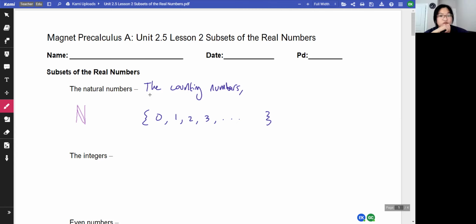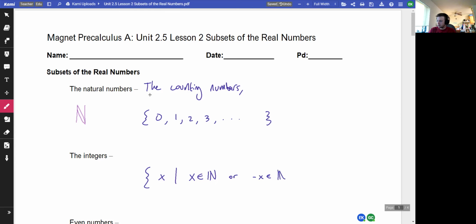X such that x is an element of the natural numbers, or, it's okay to use words in these, x is an element of the natural numbers, or negative x is an element of the natural numbers. There we go. Those are the integers.